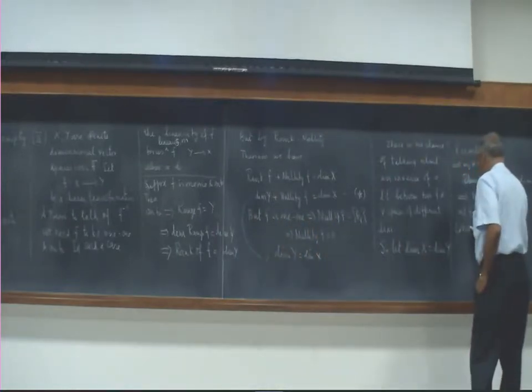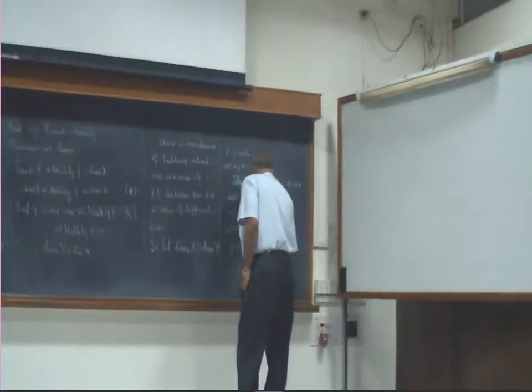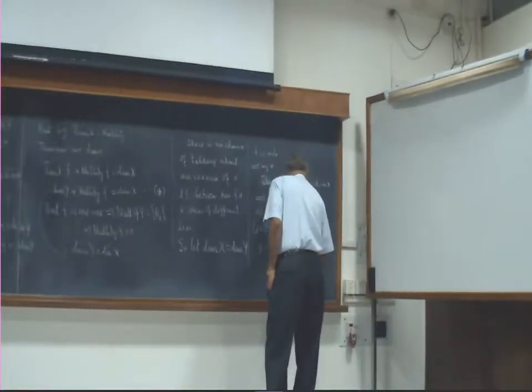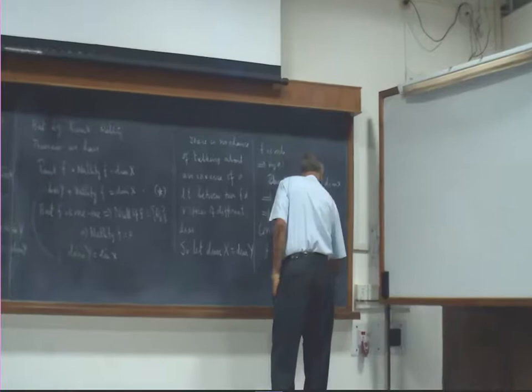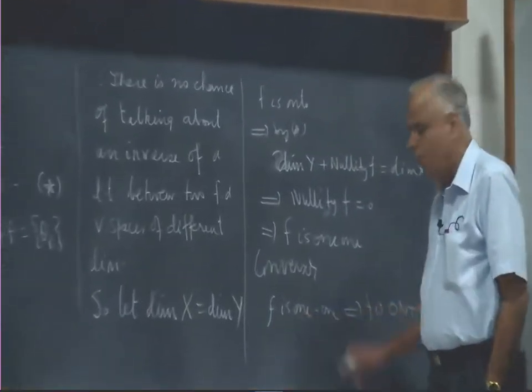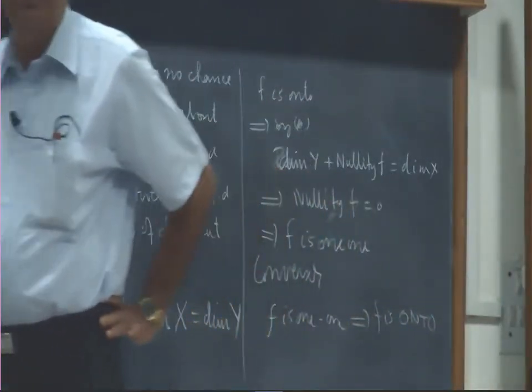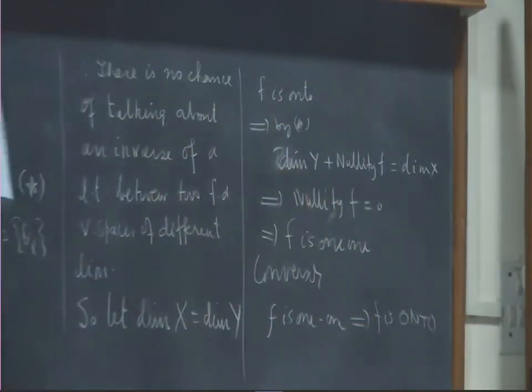Conversely, F is 1-1 implies F is onto, because nullity is 0, rank plus nullity is the dimension, so rank is equal to the dimension of X, but the dimension of Y therefore is equal to the dimension of X, and we are done.